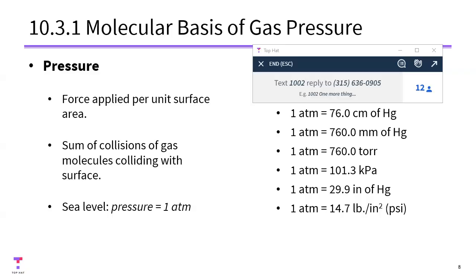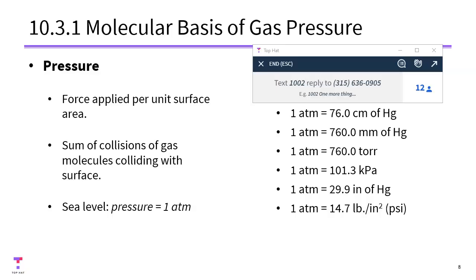When we talk about the number of collisions decreasing, we talk about the pressure decreasing as well. So as those molecules are moving around in their container, we know that they bump into each other. They also bump into the walls of the container. And when they bump into the walls of the container, that force that gets exerted in that collision, that is what we can measure as pressure.